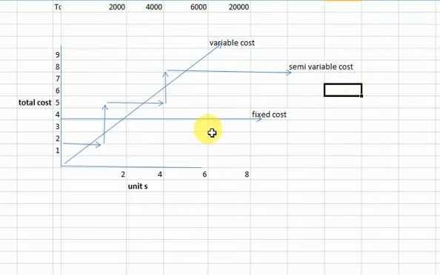So fixed cost will remain fixed in total, while per unit it changes. Variable cost will be fixed per unit but varying in total.